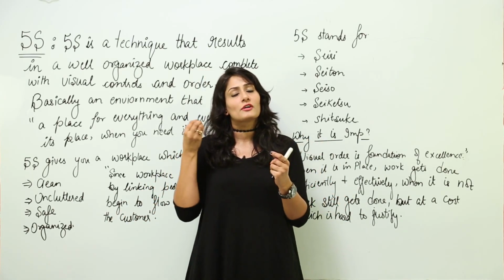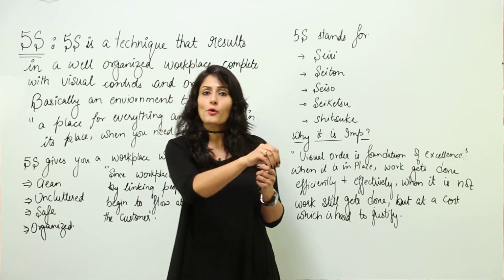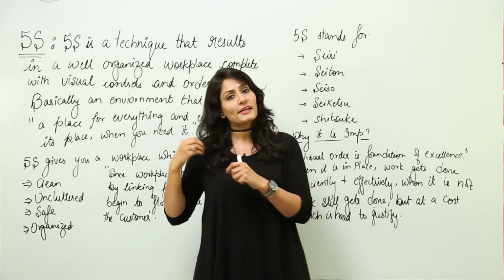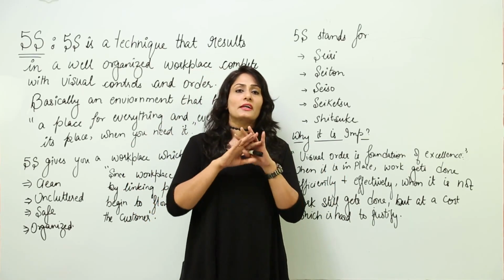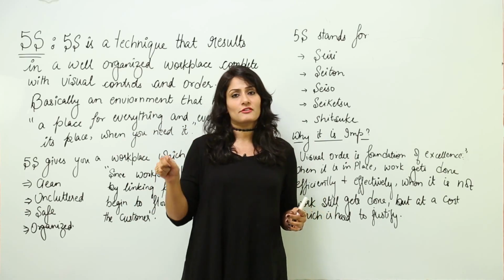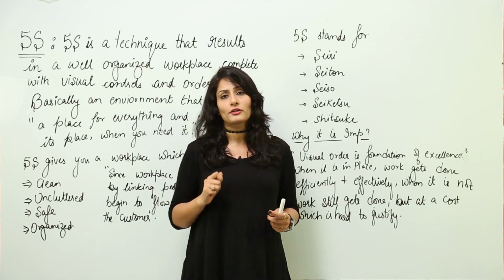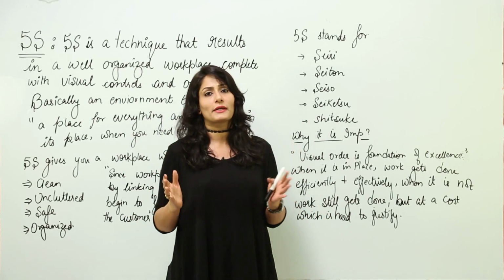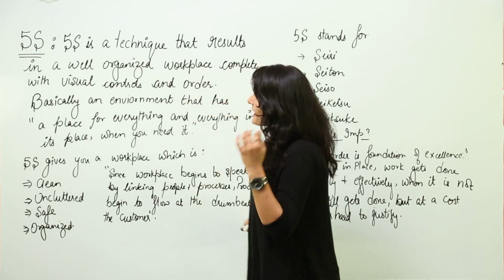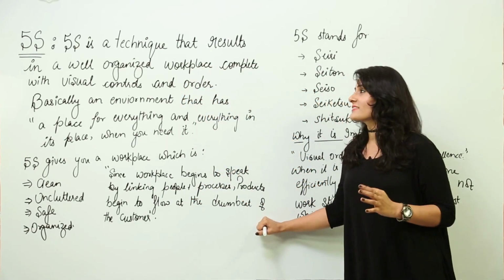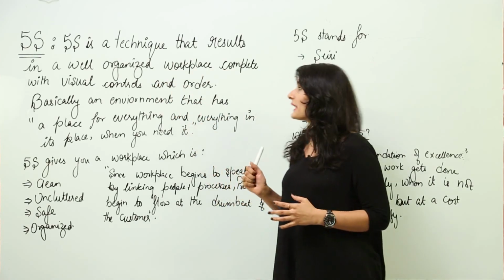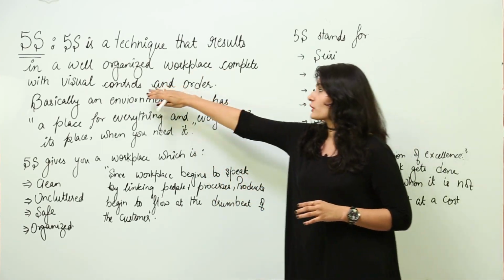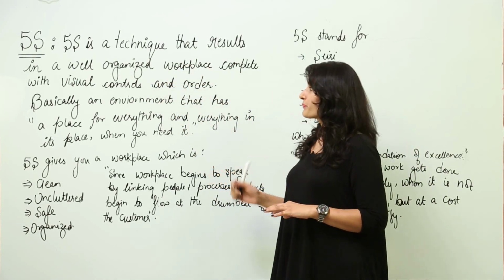Workers will find it very hard to find the right tool, so there would be delay in the system, delay in the process itself. And what about a clean workstation where everything is in order, and whatever is needed you get on time? I think you can understand, right? Basically 5S or 6S is a technique that results in a well organized workplace complete with visual controls and order.